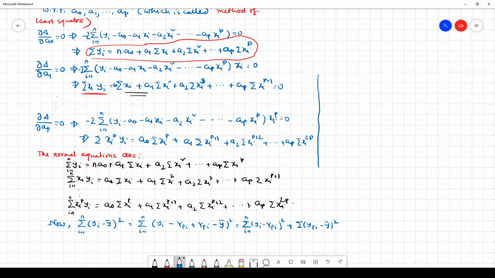The cross product term is yi minus Ypi times Ypi minus y bar.